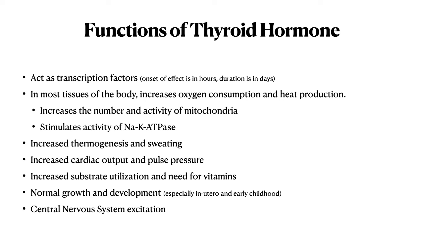And if you do not provide thyroid hormone at this time, then the risk for abnormal development of the nervous system is increased. Next, the next effect of thyroid hormone is central nervous system excitation.